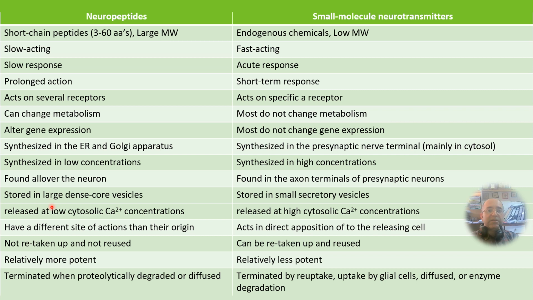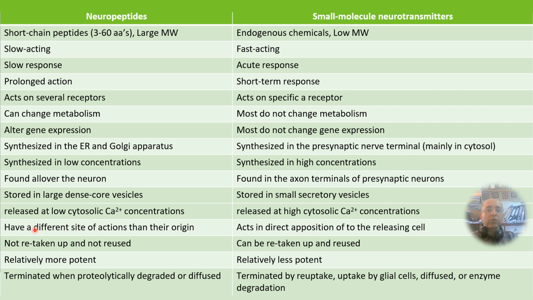Neuropeptides are stored in large dense core vesicles, and I'll show you an image of these vesicles. Small molecule neurotransmitters are stored in secretory vesicles, and again I'll show you an image of those vesicles.